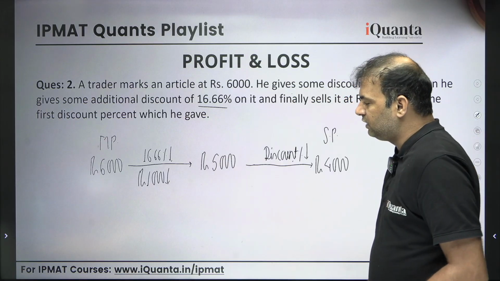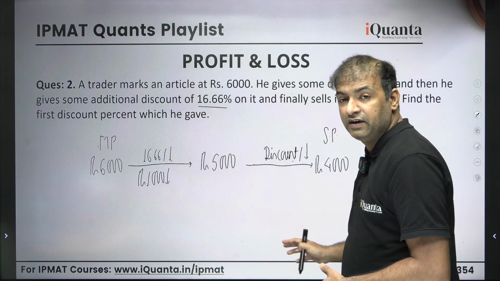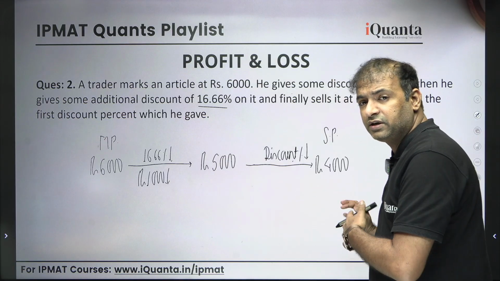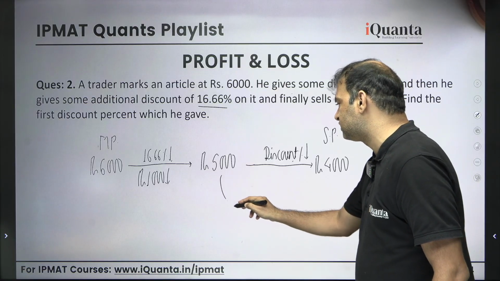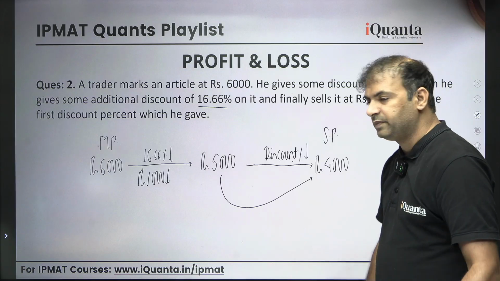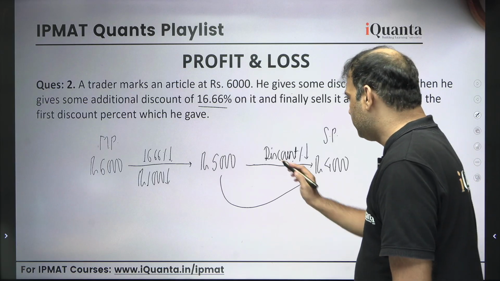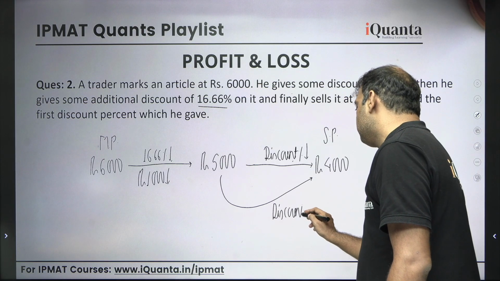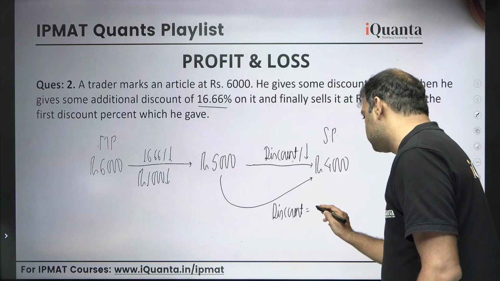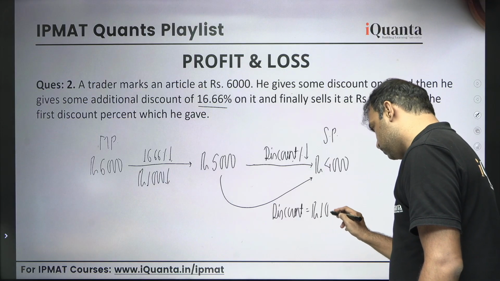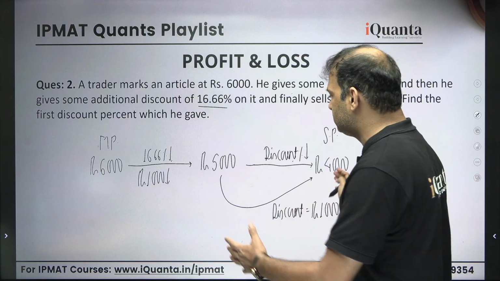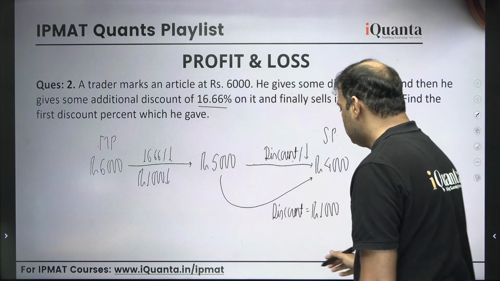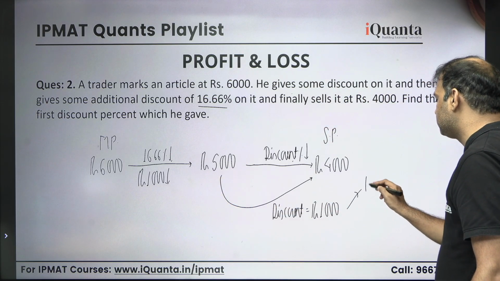So now on this 5,000 we have given some discount to get the selling price of 4,000, and we need to find the discount percentage for this particular change. All right guys, so what is the discount in this case? The amount of discount, from 5,000 to 4,000, is 1,000 rupees. In this case the mark price is 5,000, so we can easily calculate the discount percentage, right?